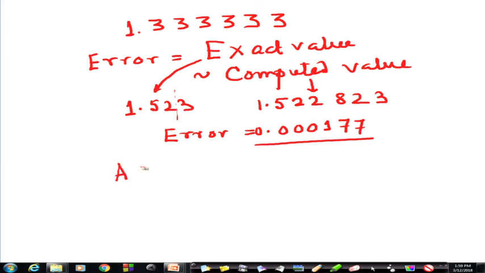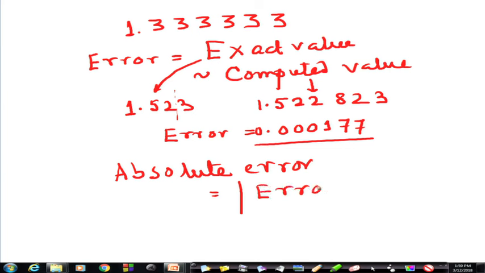Another term that you need to know is the absolute error. Absolute error is nothing but the absolute value of the error.